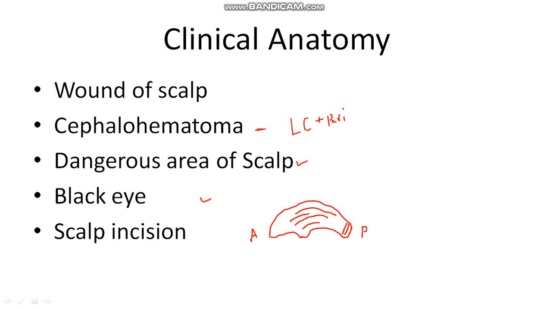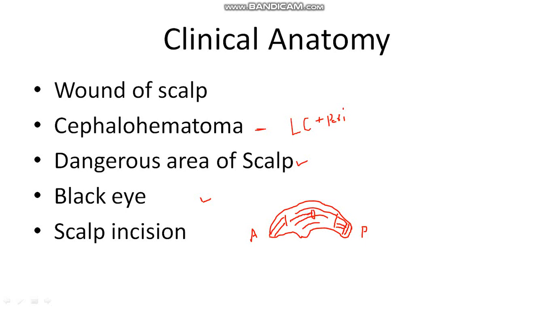One more thing: here we have the pericranium and the galea aponeurotica, and the direction of the frontalis muscle is in this manner, whereas the occipitalis is in this direction. If we give an incision across the fibers, what will happen?